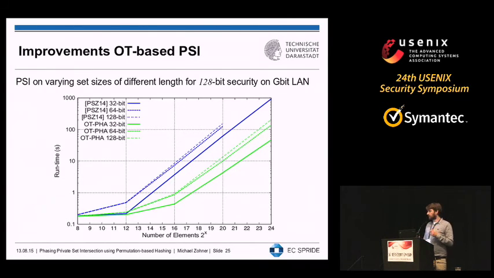What we can see very nicely is that our new protocol scales much better with increasing set sizes, simply because of the permutation-based hashing technique. And due to our protocol modifications, it also allows processing larger sets. So we were able to evaluate up to 60 million elements, even for 128-bit elements.